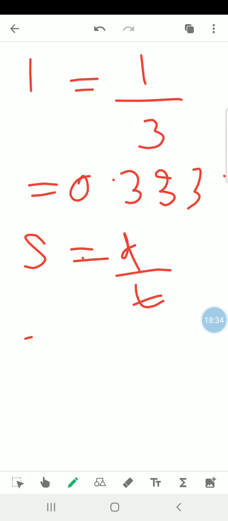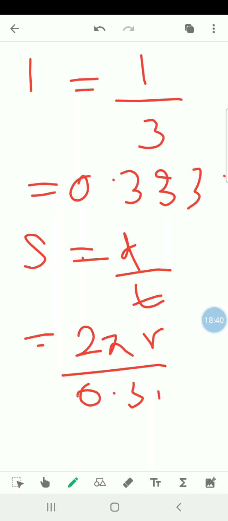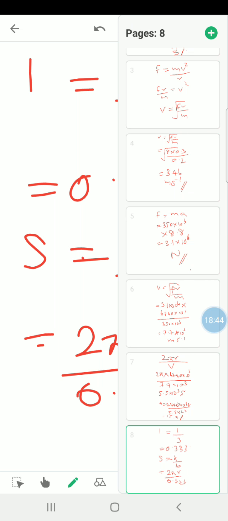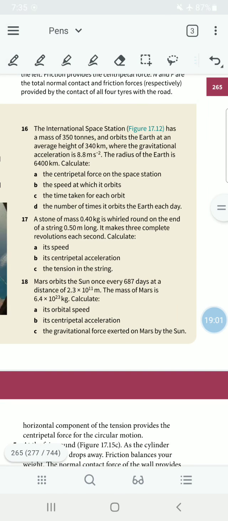So now what is distance? Because this is a circle, it is 2 pi r, divided by time, which is 0.333. So I'm going to the next page to do the calculation. 2 pi r: 2 into pi into what is r in this particular situation? r has been given as 0.5 meters.